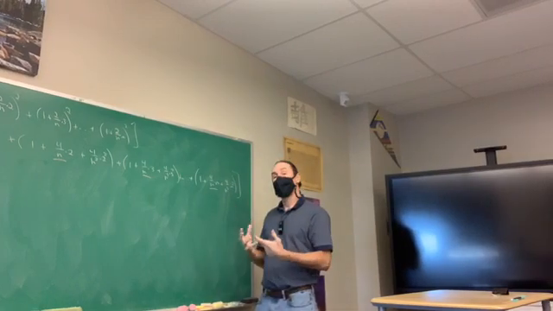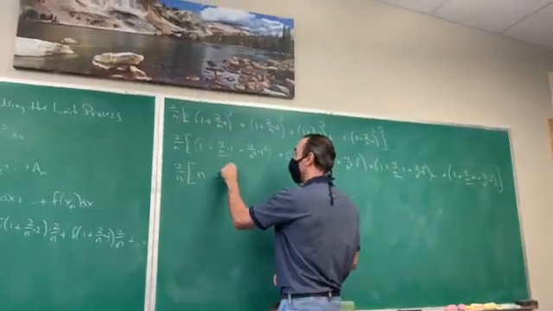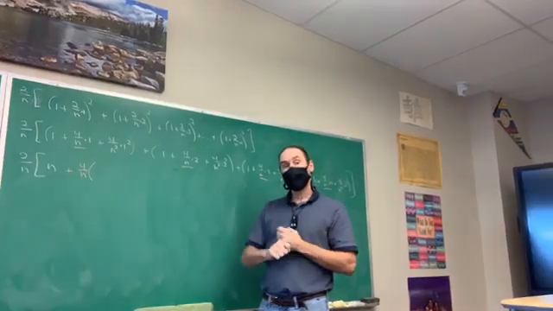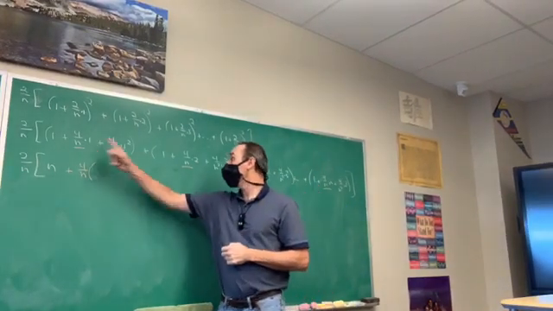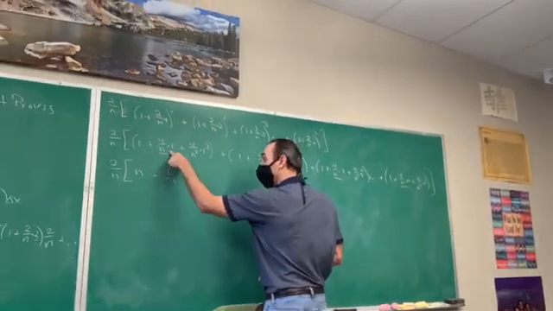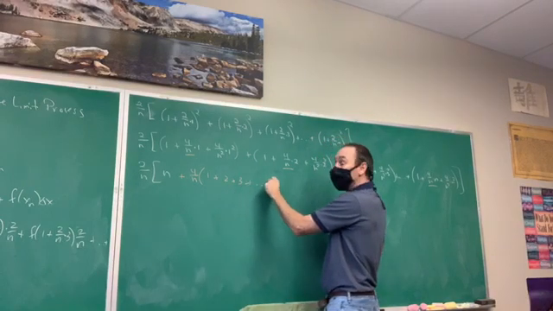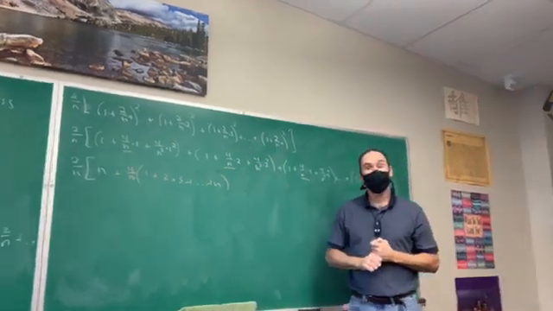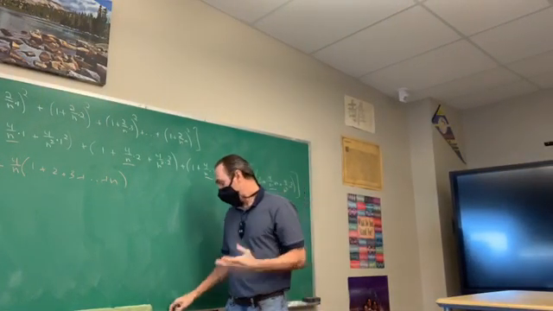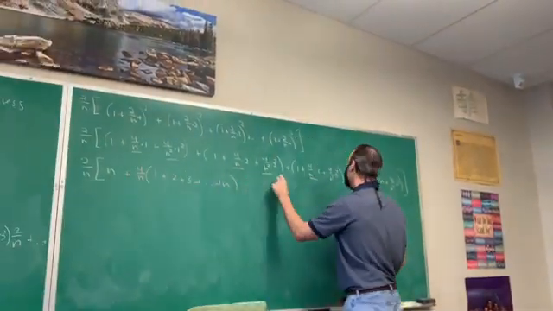Those terms all have a common factor of 4 over n, so I'm going to factor that out, and what's going to be left behind is 1 plus 2 plus 3 all the way out to n. So it's the sum of all of those. Does that make sense?